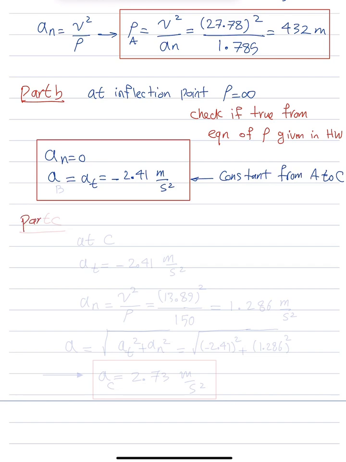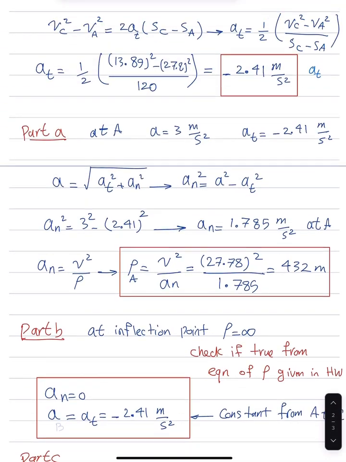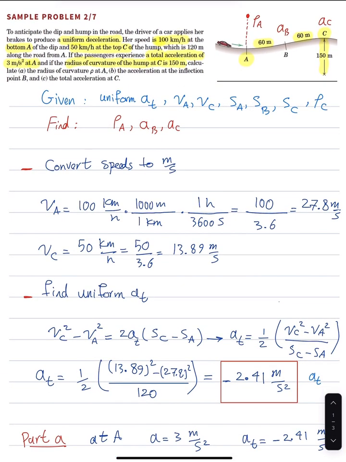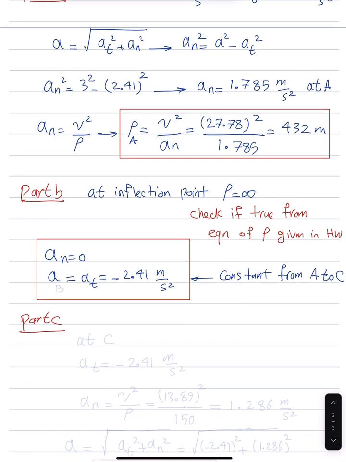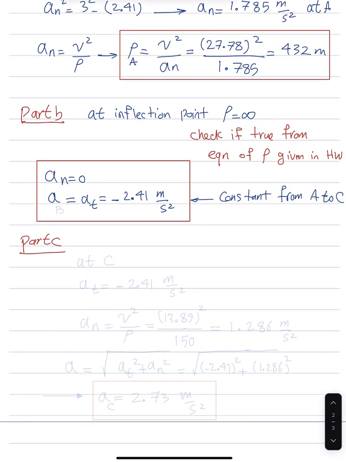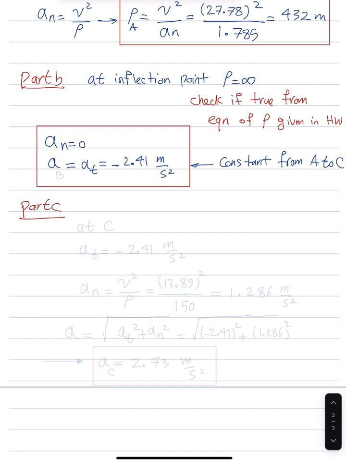Finally, part C. What is part C asking for? Let's go back. Part C is asking for total acceleration at point C. At point C, we have a curvature, so we're going to have both AN and AT.